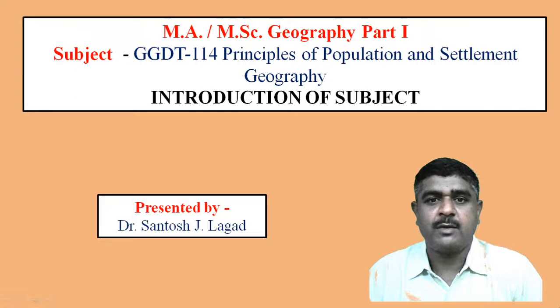Today I am going to present in front of you one lecture related to MA M.Sc Geography Part 1. All of you know that MA Part 1 Geography has 6 subjects for the first semester.